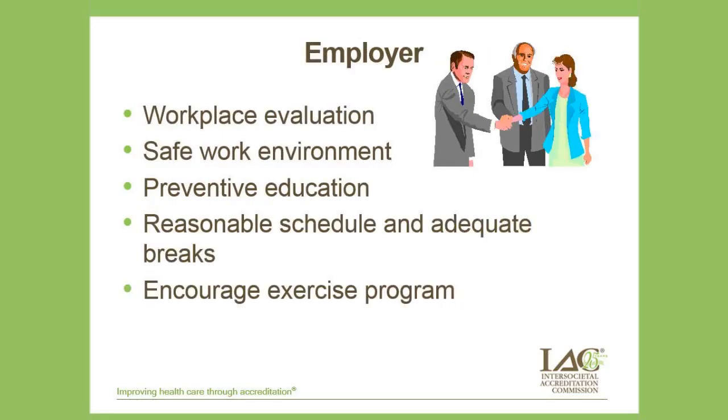So if we think about what the employer can do, if you're in a larger organization that is really safety conscious and has good ergonomic programs, if you are experiencing a situation where you are at risk for injury, you should be able to ask for an evaluation either of your scanning or the place in which you work. Really the goal is to have a safe work environment, not only in terms of equipment safety, but also in terms of ergonomic safety. Preventive education is really important, and you are all doing that by attending today, but it's important also that it's on the radar, so to speak, of your employer.